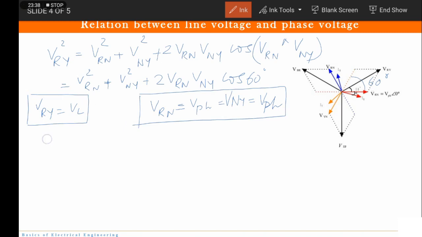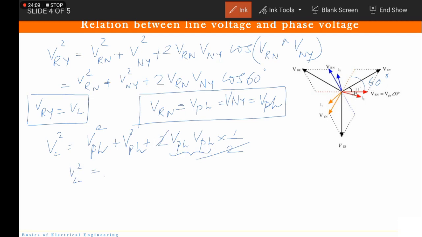So the new equation becomes VL square is equal to VPH square plus again VPH square plus 2 VPH multiplied by VPH into cos 60. Okay, what is cos 60? 1 by 2. So VL square comes out to be, after multiplying, this also becomes VPH square.